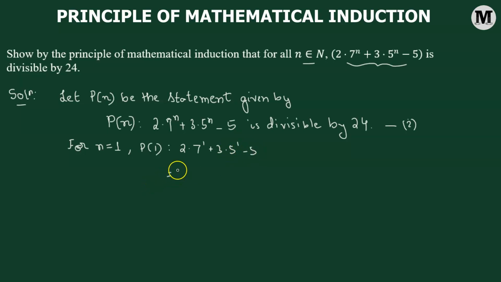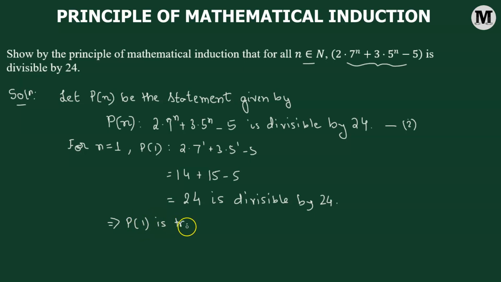So 2 times 7, that's 14, added to 3 times 5, that's 15. So we have 15 minus 5. Now when we combine them, we are going to get 24. Indeed, 24 is divisible by 24. So this implies that the statement P(1) is true.